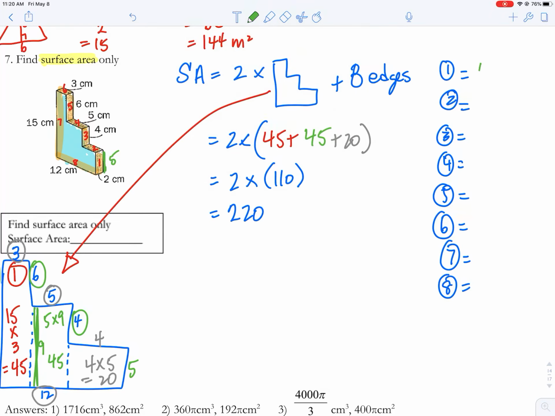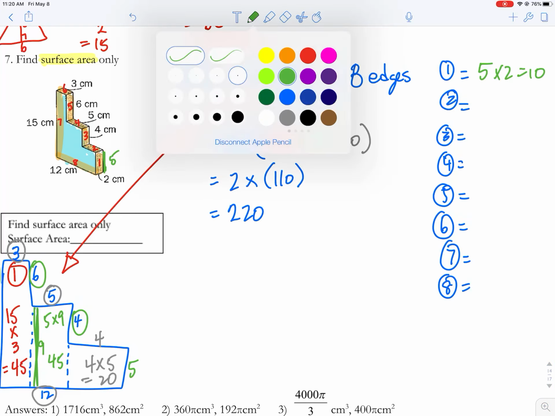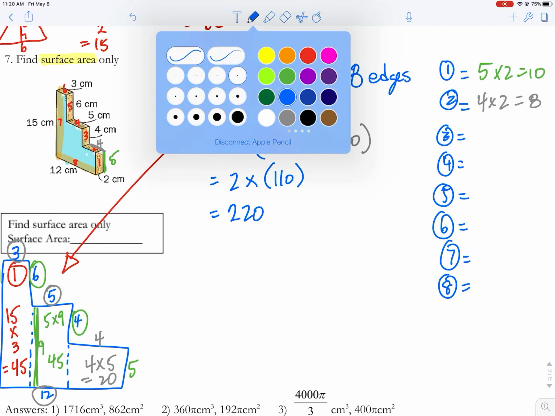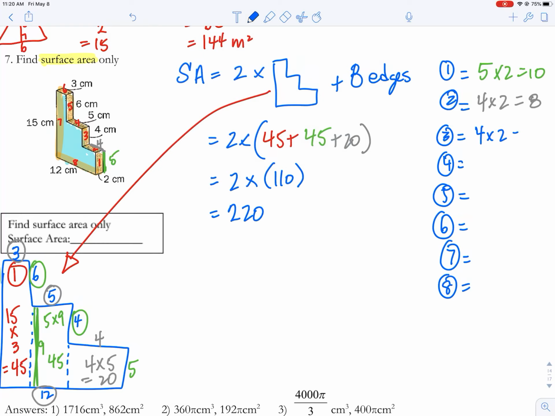So for shape 1, it's going to be 5 times 2, which is 10. For shape 2, we also figured out how big that part was, and it was 4. So that's going to be 4 times 2, which is 8. For shape 3, they straight up tell us it's 4, so another 4 times 2, which is 8. Shape 4 is 5 times 2, which is 10.